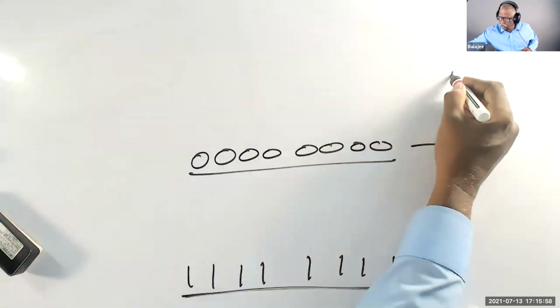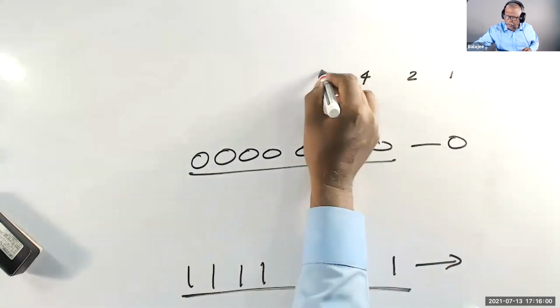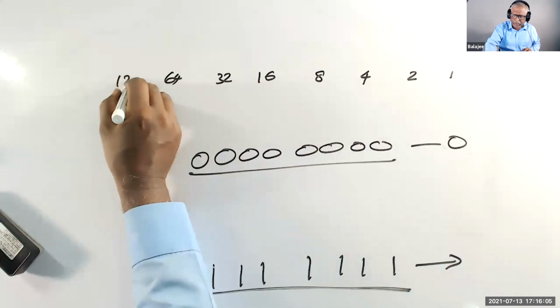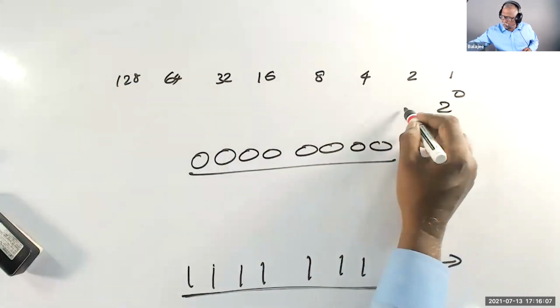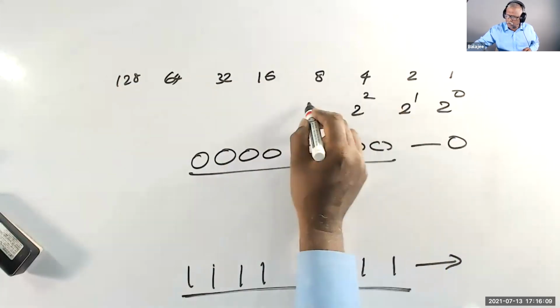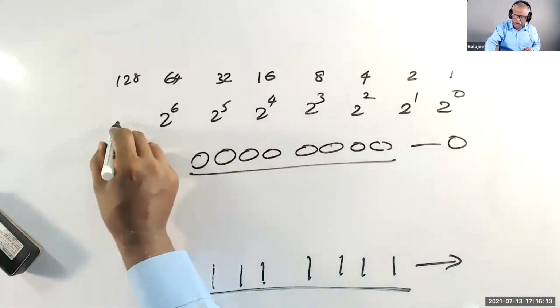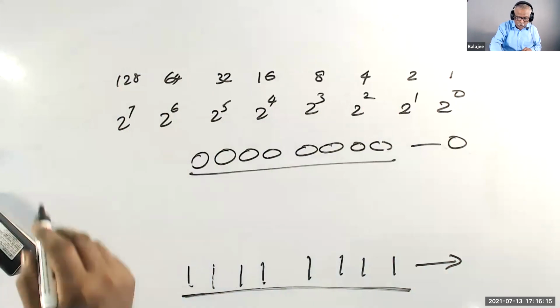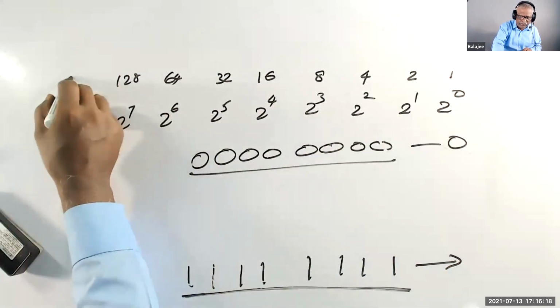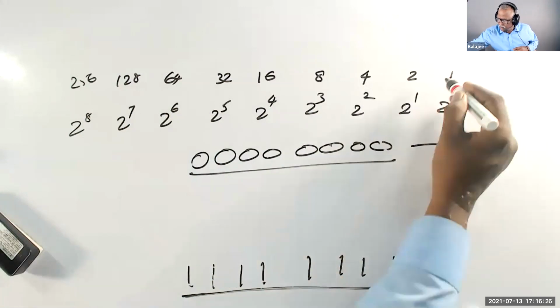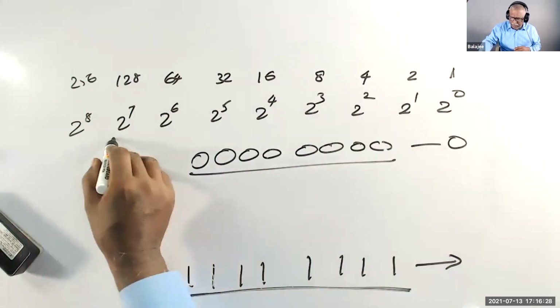So 1, 2, 4, 8, 16, 32, 64, 128. 2 power 0, 2 power 1, 2 square, 2 cube, 2 power 4, 2 power 5, 2 power 6, 2 power 7. The 2 power 8 is 256. So if you have this 1 bit extra, now we discussed only 8-bit.